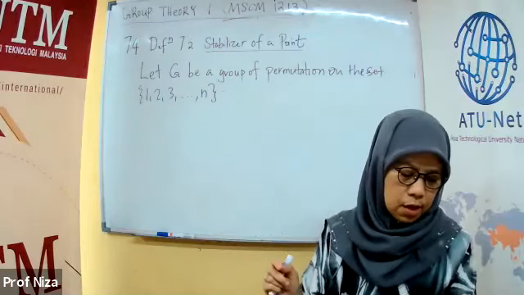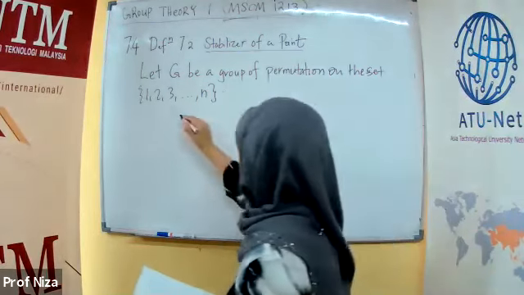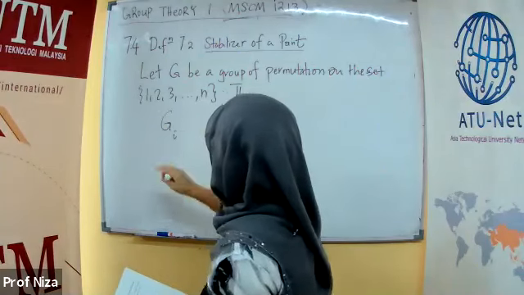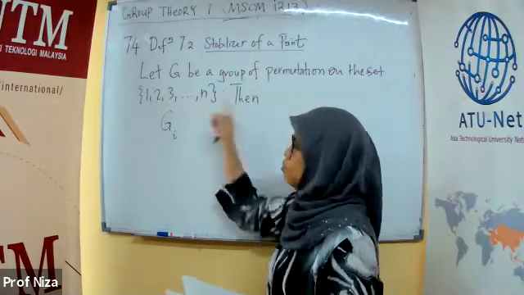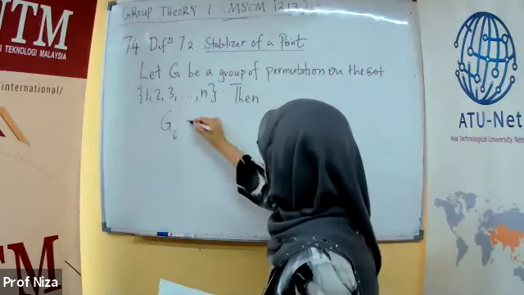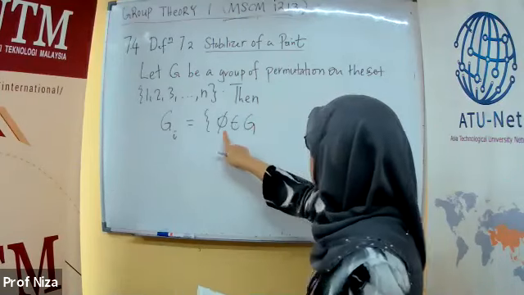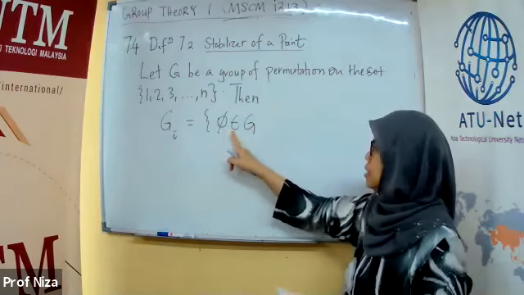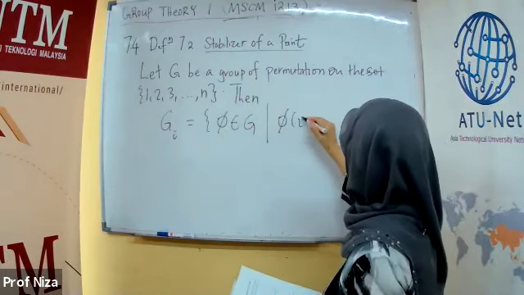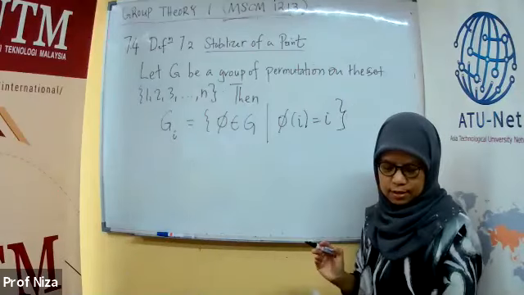Now, G sub i, where i is from 1 to n, is all permutations phi in G that fix i. We call it that fixes i.